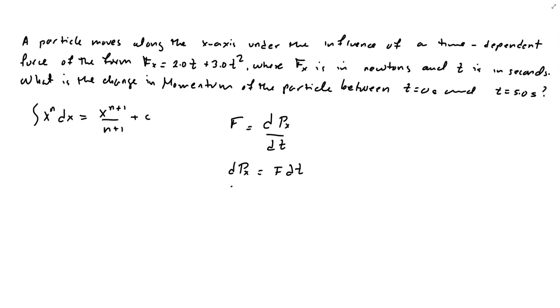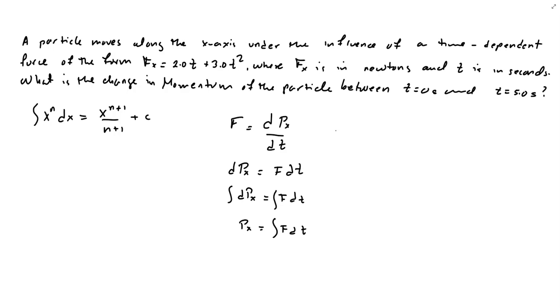If we solve for the linear momentum here, we get that dpx is equal to F dt. So we apply the integral. The integral of dpx would be the integral of F dt, right? And in this case, this would be just px, and px would be the integral of F dt. Now, we know F and we know the limits of integration, right?